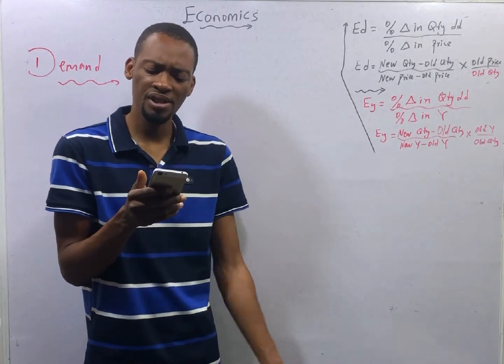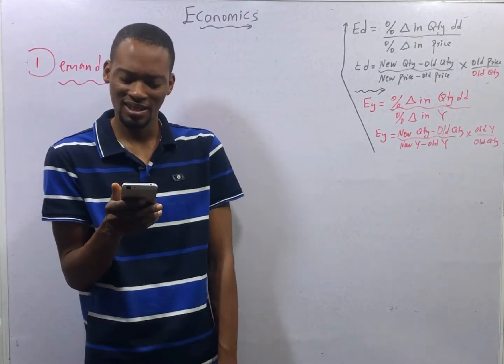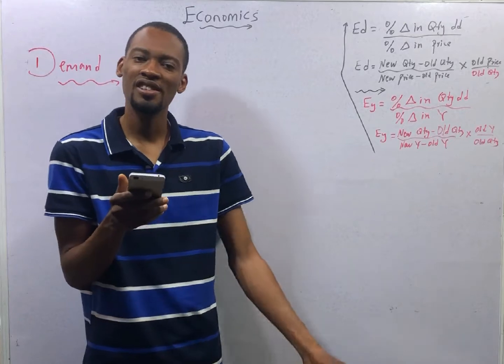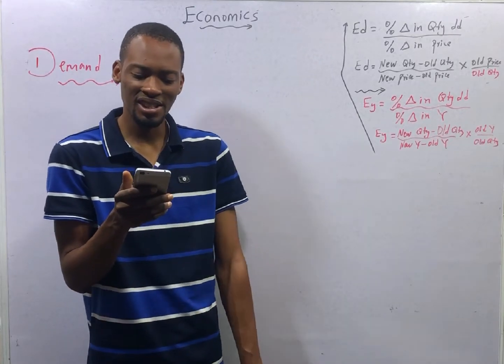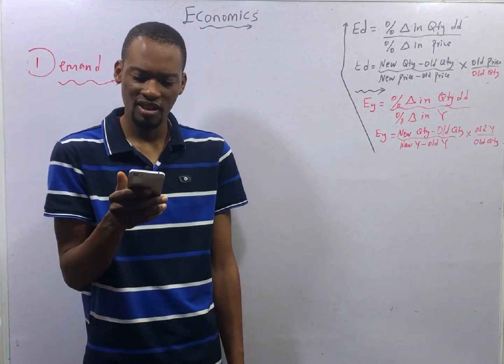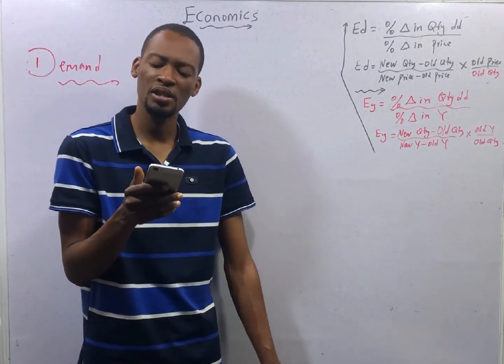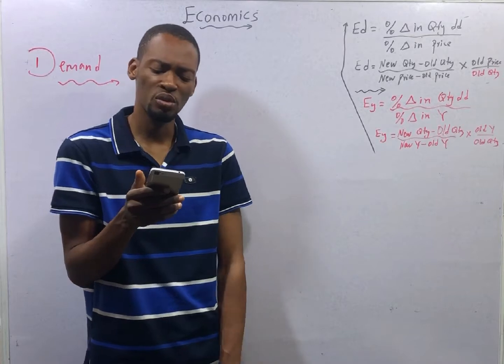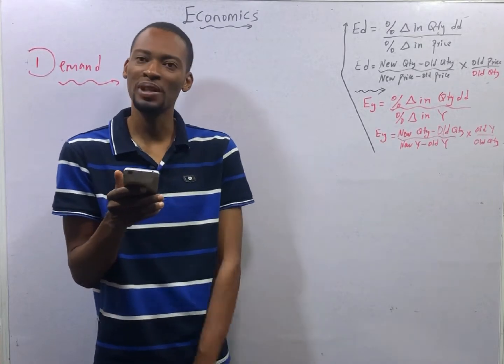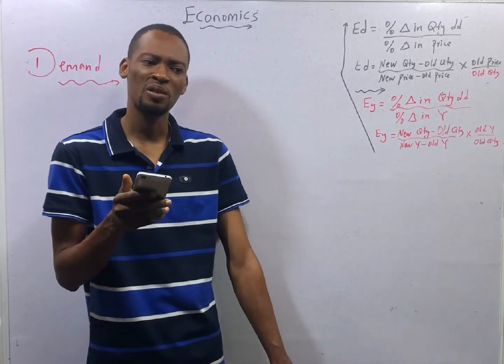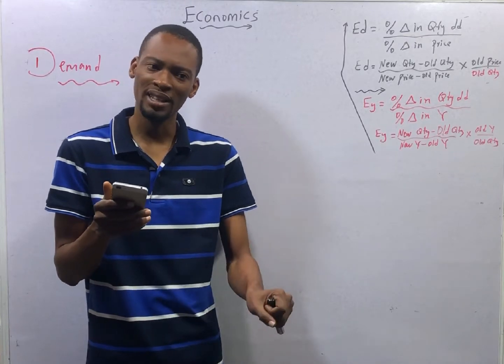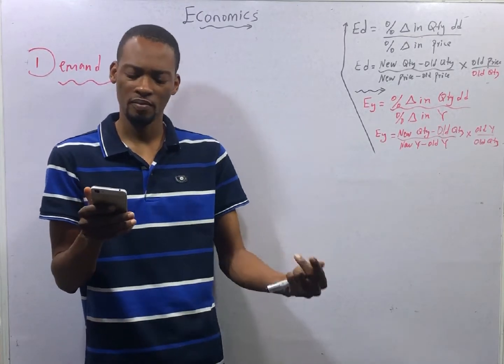B. Decrease the quantity demanded. C. Decrease demand. And D. Increase demand. First of all, when we hear price, increase in demand or decrease in demand should not come into play at all, because price only has to do with quantity demanded, not demand itself.